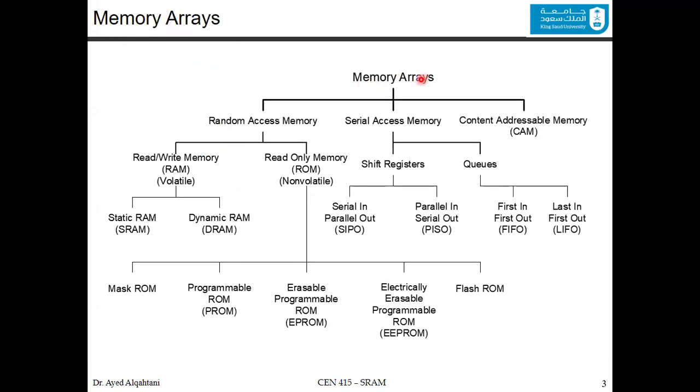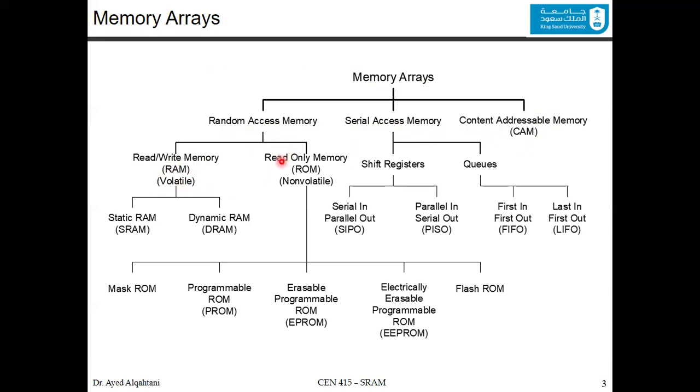In the memory arrays, we have the random access memory, the serial access memory, and the content addressable memory, or what is called CAM. The focus here is on the random access memory and the serial access memory. The random access memory has the read-write memory, or what we call the RAM, which is usually volatile.